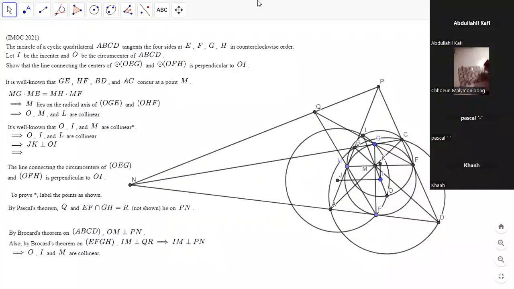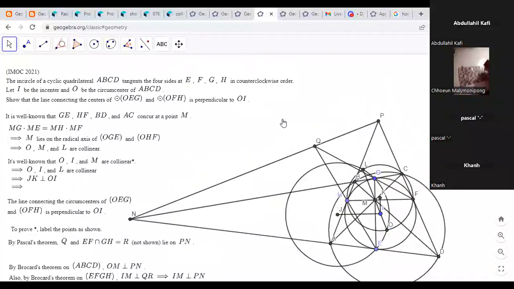But I have a confusion. We don't know that L lies on MO, but we don't have to know that.